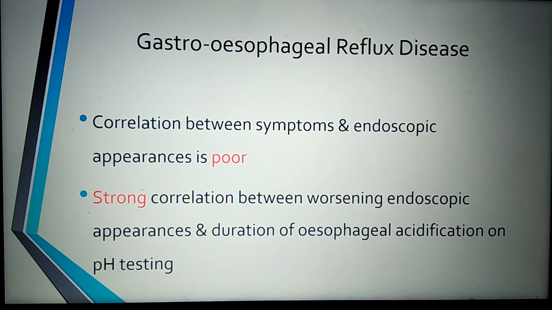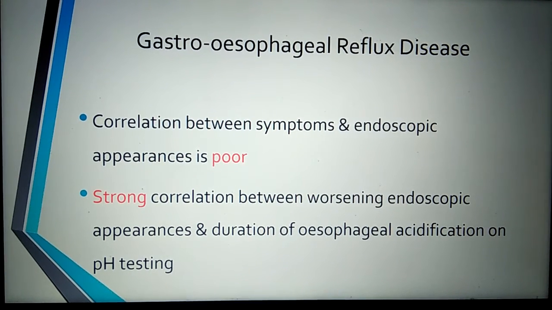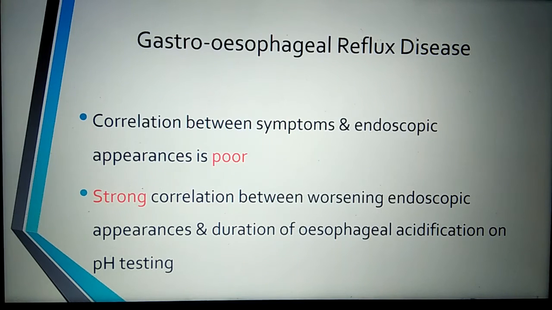But there is strong correlation between the deterioration of endoscopic appearances of esophageal lumen and mucosa and the duration of esophageal acidification on pH testing. Means duration is more important, and it can be very strongly correlated with the presentation of endoscopic features.